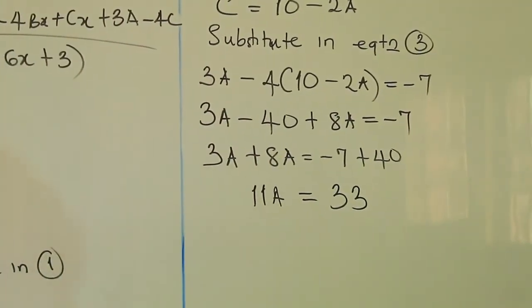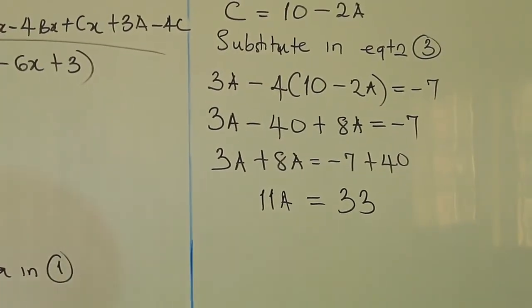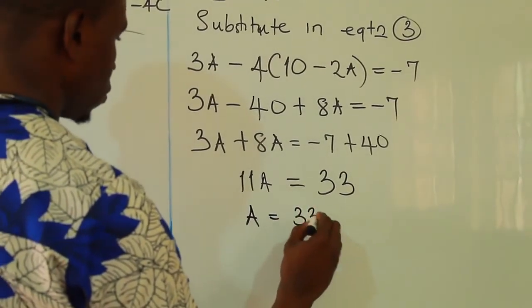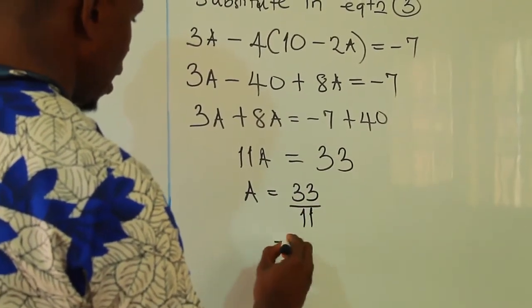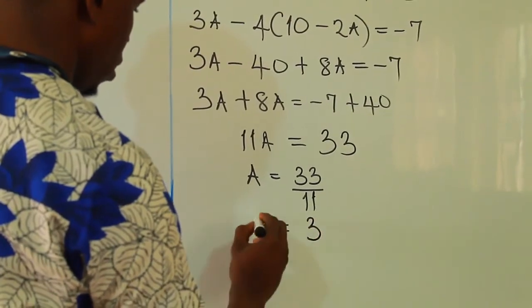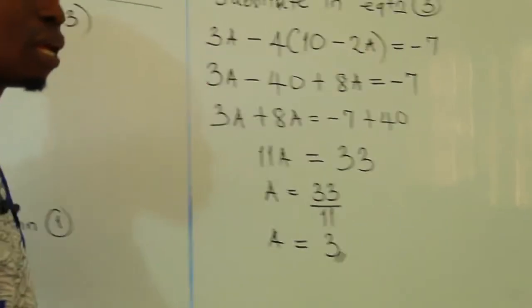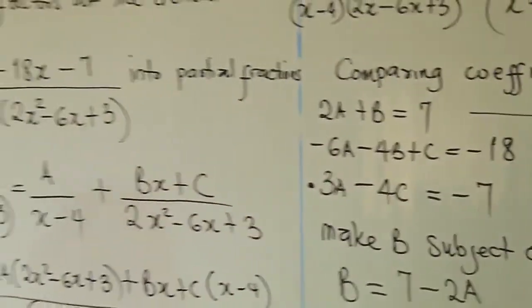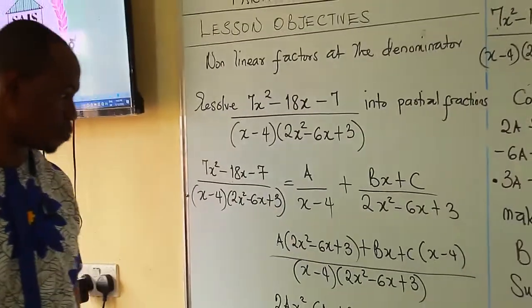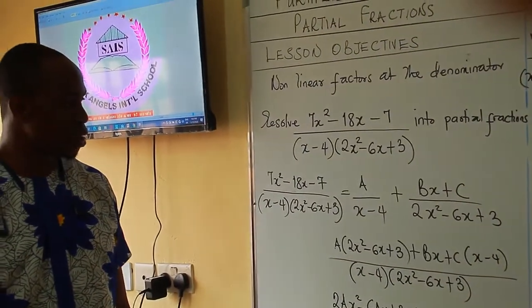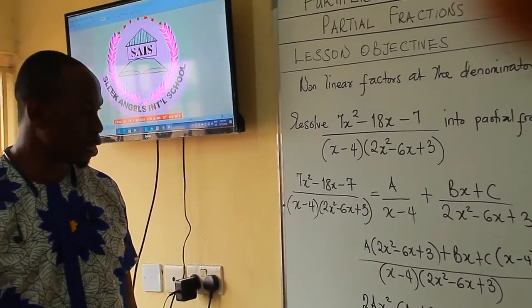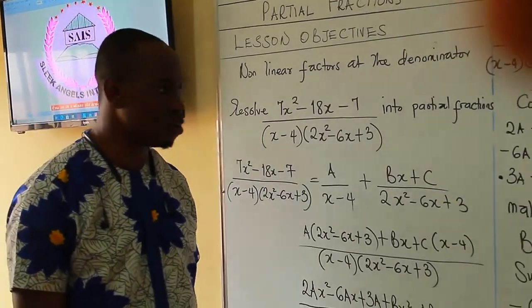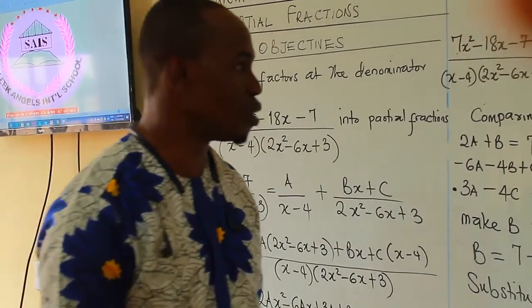Then I'll divide both sides by 11, and my a will be equal to 3. I have found one of the letters that will split this compound fraction into partial algebraic fractions. My next move is to get the value of b and c as well.